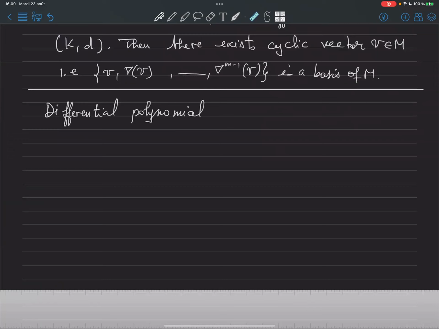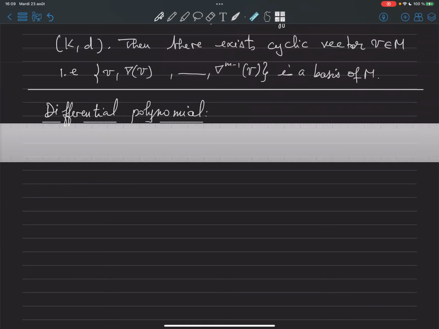What I mean by differential polynomial is just, for example, a polynomial where the indeterminate is the derivation.